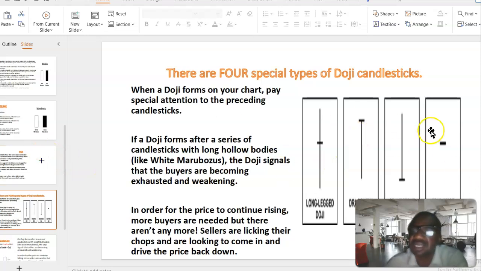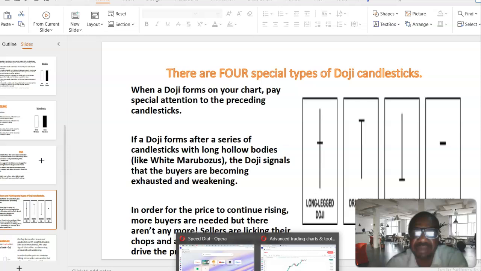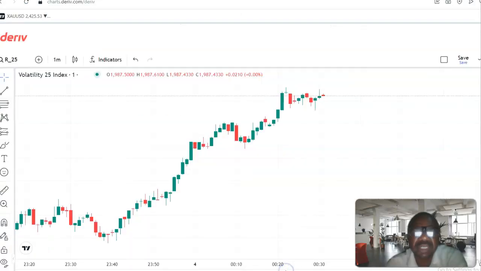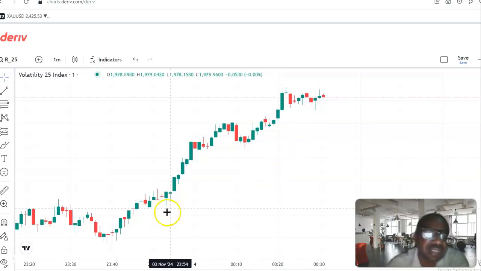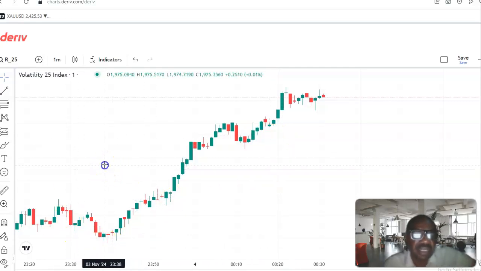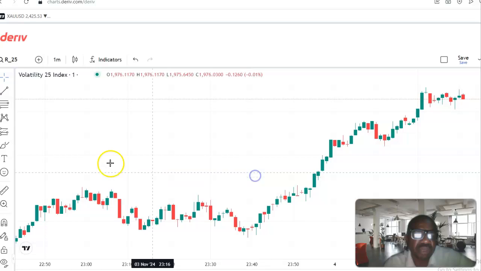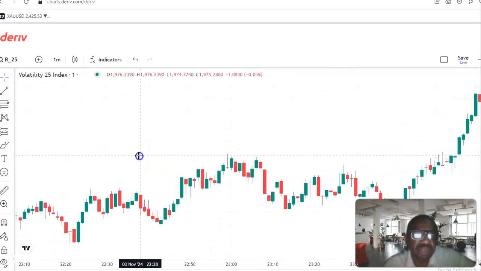You can see their colors here. This one is giving us no wicks at all, just indecision. You can also identify that here. Indecision is always identified during the close of a market.